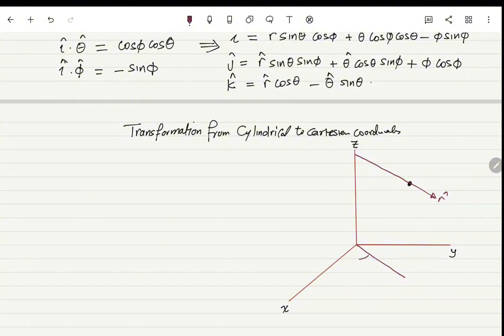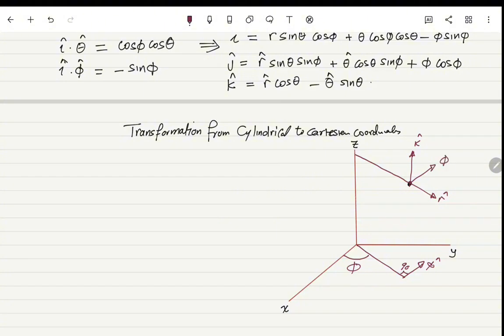So if this is phi, and you actually move same way as in the spherical coordinates, so this is 90 degree, and this is phi hat, and you just drag this circle up in the z direction like this one here. So this will be k hat, this one here, and this one will be parallel to the phi hat right here.